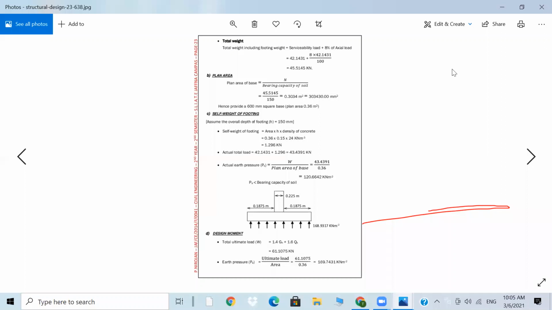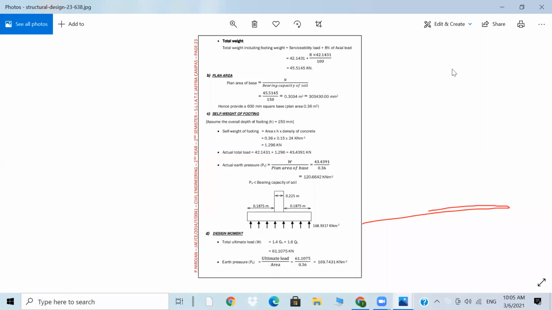Okay, total weight including the footing weight: serviceability load plus 8% of the axial load, you can take. So it will be around 45.5 kilonewton, right? Then we will take the plan area, so the plan area is the footing.